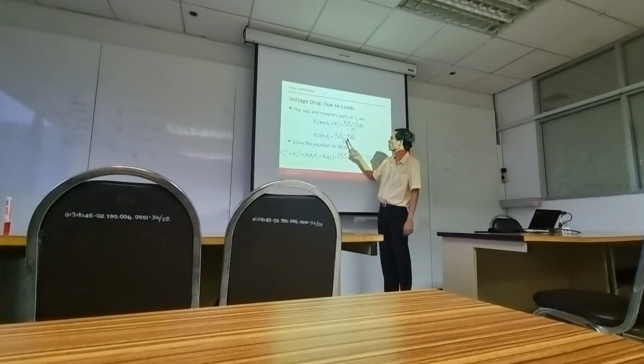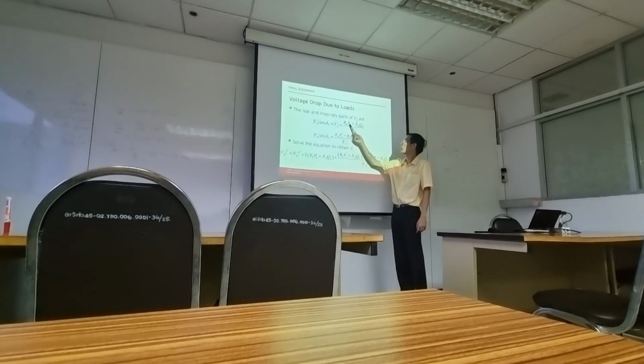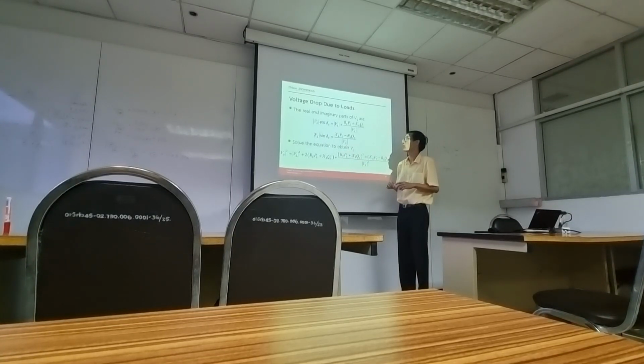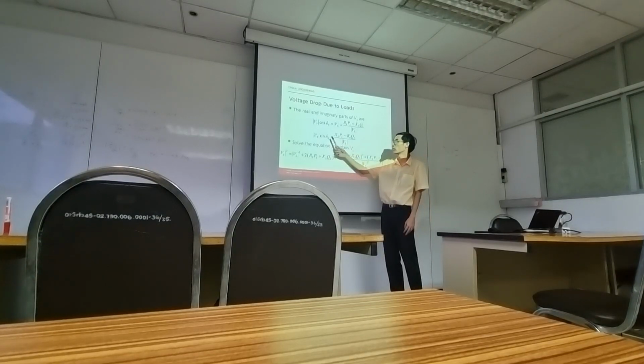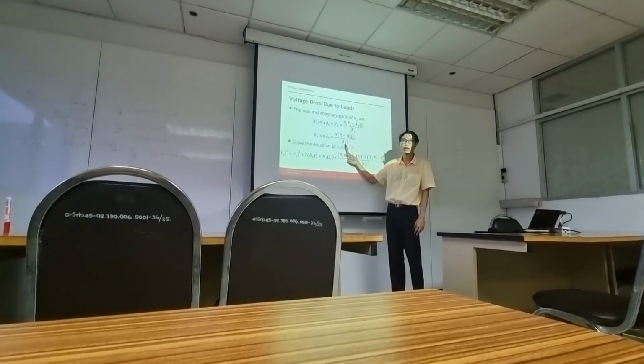But we know Rs, PL, Xs, and QL. So the only two unknowns are delta S and VL. So two unknowns, two equations. So you can solve this, right?